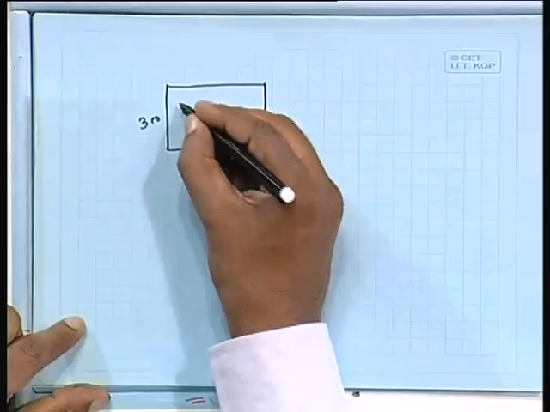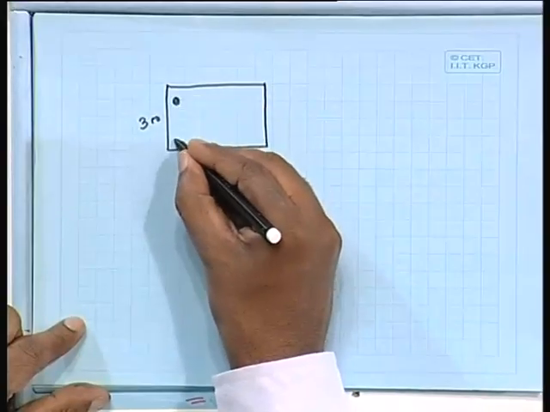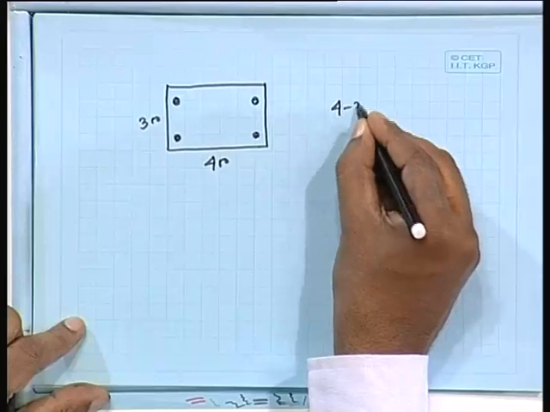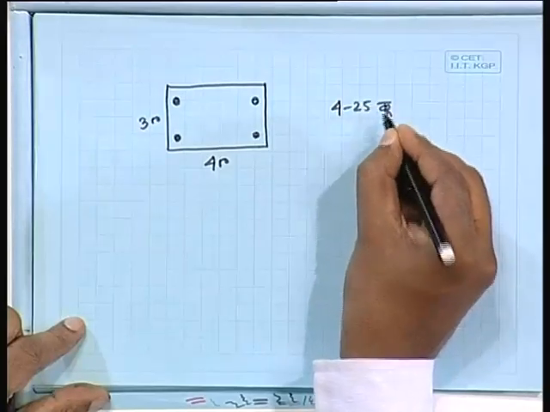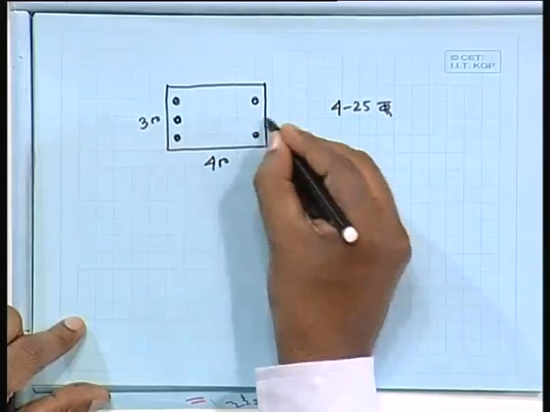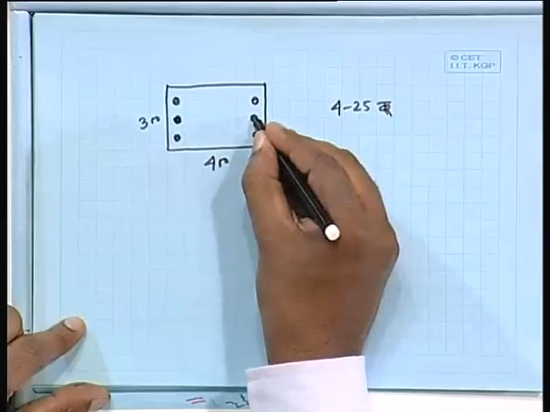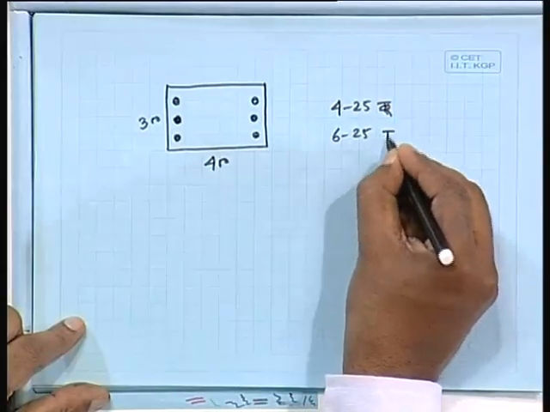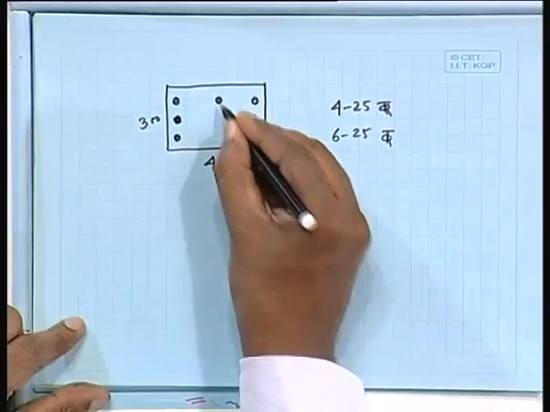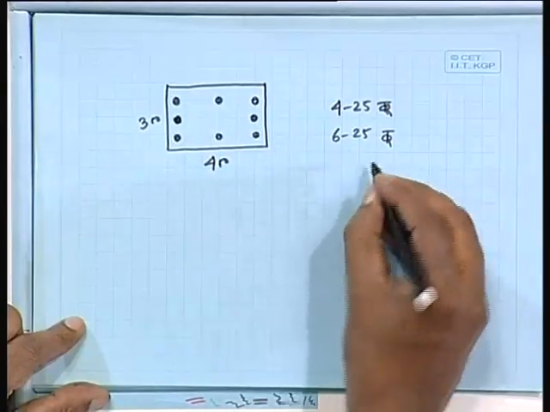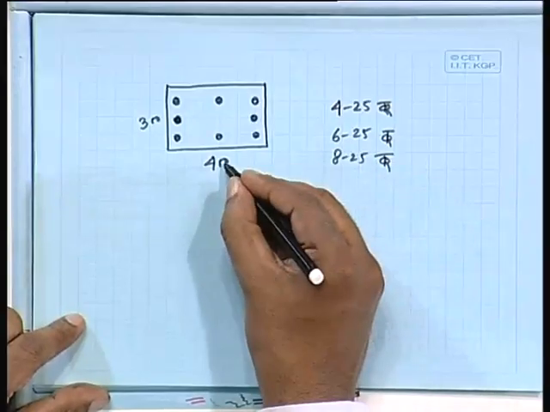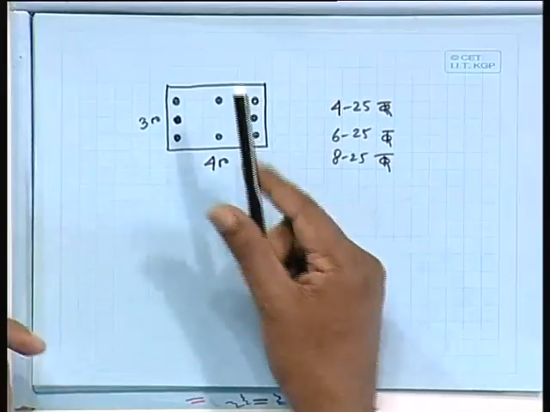Instead of that, I prefer, okay, let me try with say 4 bars, 4 number 25 torr, maybe a little more also. Or 6 we can provide, 6 number 25 torr, or if I provide on all sides, 8 number 25 torr.